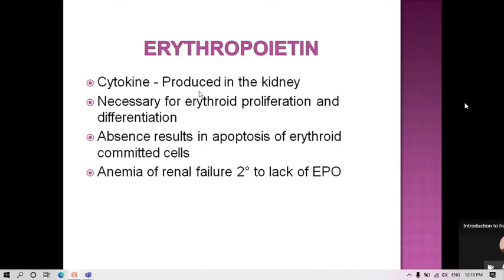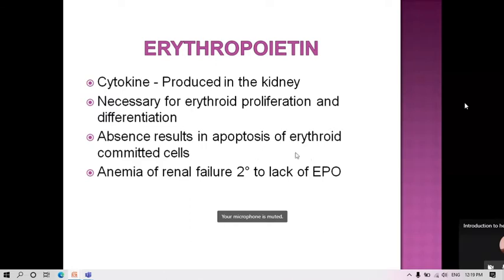So these kidneys will sense that the oxygen level is going down, and they will start producing erythropoietin. Now this erythropoietin will go via blood into the bone marrow, and it will stimulate erythroid differentiation and proliferation, and its absence will result in apoptosis of erythroid committed cells.